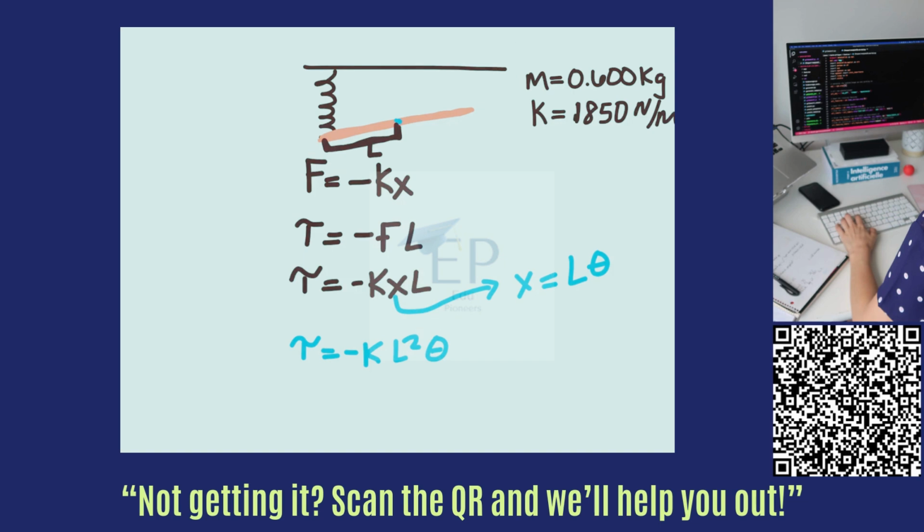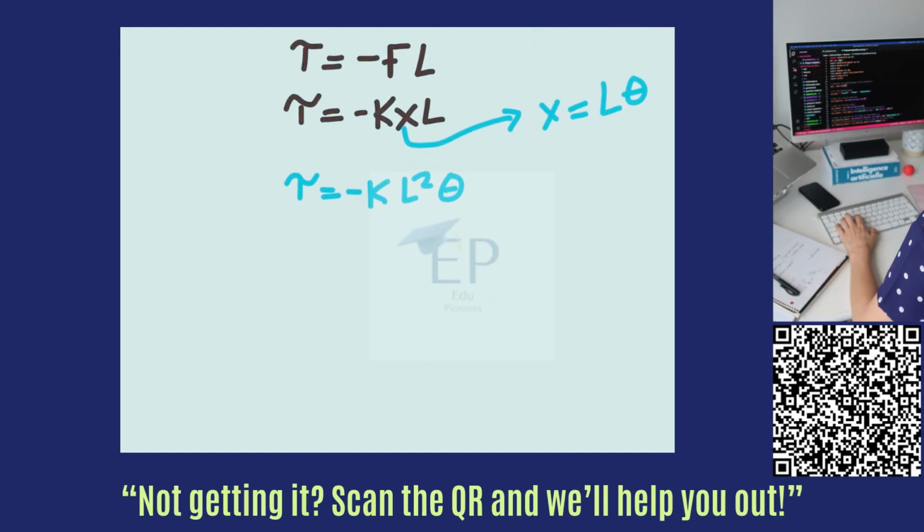Okay, so we're still not quite there. We still have a couple more iterations we need to go through here. The first being that we have to think about angular acceleration. So for that, we have torque equals inertia times acceleration, where inertia is the rotational inertia of the rod around its center.